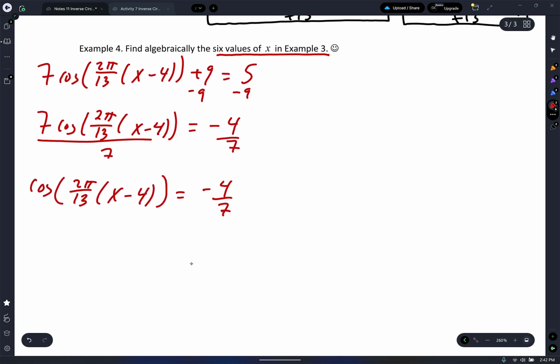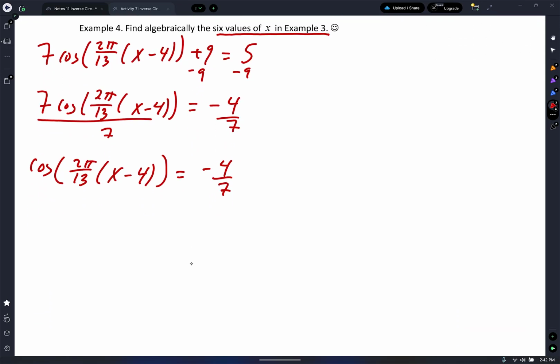The next move, to solve for x: I can't solve for x if I have this ugly cosine here in the front, and it's cosine of all this. The 2 pi over 13 x minus 4, that's called the argument. That's like saying f of x, the x is the argument. So I want to get rid of the cosine. The only way to get rid of it is to do the inverse. That's how you cancel it. So do the inverse to both sides.